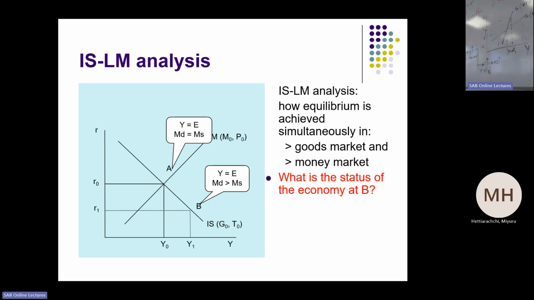This is the intersection point, point A. If you take the right point here, what happens? What is the situation right here?